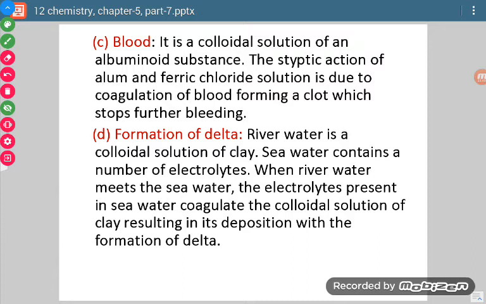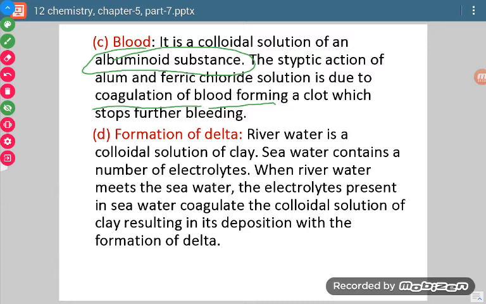Now what is blood? Blood is a colloidal solution of albuminoid. Now when we apply alum, what does it do? It does the coagulation of blood. So when there is a cut, at that particular place we rub the wet alum.